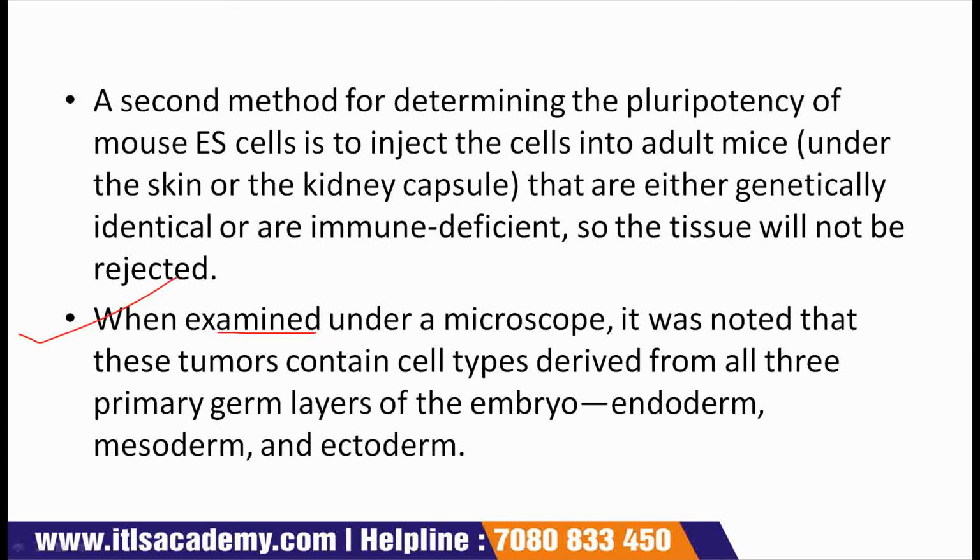When examined under a microscope, it was noted that these tumors contain cell types derived from all three primary germ layers of the embryo, that is endoderm, mesoderm and ectoderm. Thus, embryonic stem cells that have been maintained for a long period in vitro can behave as pluripotent cells in vivo.